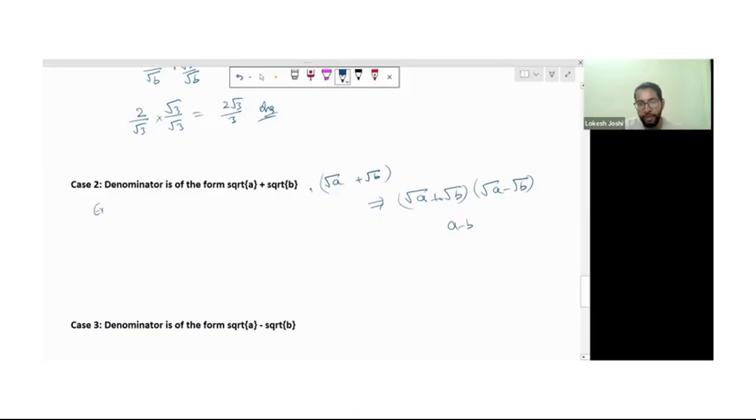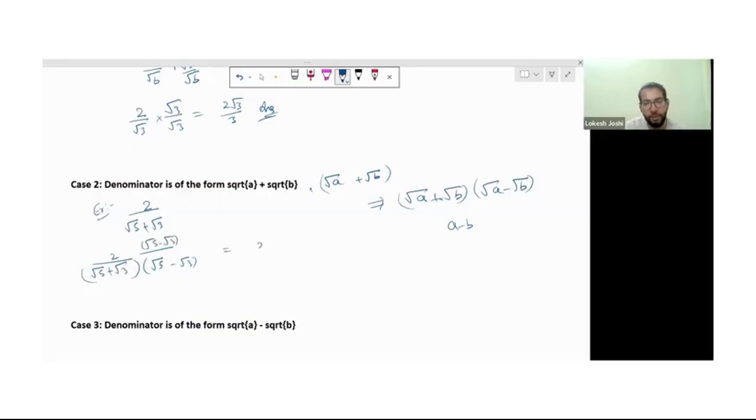Now for example, I have 2 divided by square root 5 minus square root 3. So what can we do? First of all, we will write the thing as it is. Then we will multiply by square root 5 plus square root 3, the conjugate, in the denominator and the same thing in the numerator.